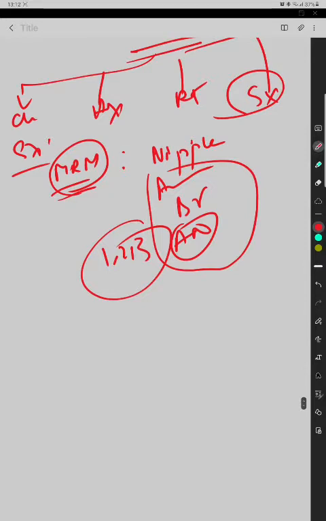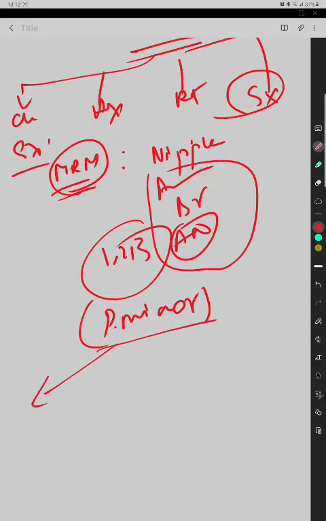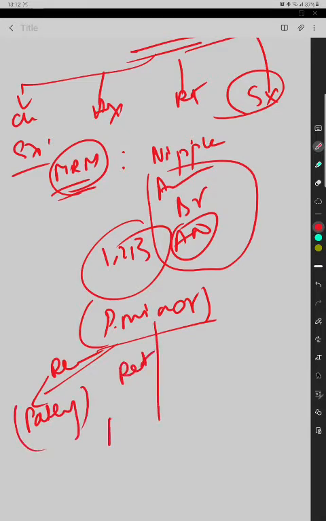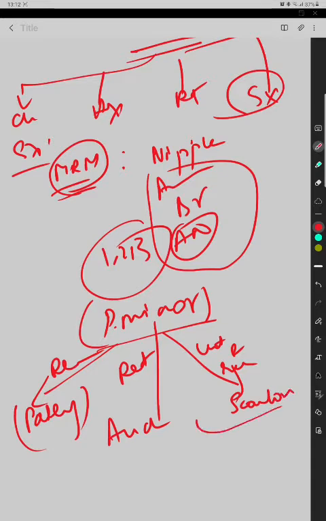Then the pectoralis major. Depending upon the retention or resection of the pectoralis major, there are other types. When we remove the pectoralis major, it's Patey. Then retract is Auchincloss, and cut and resect is Scanlon.